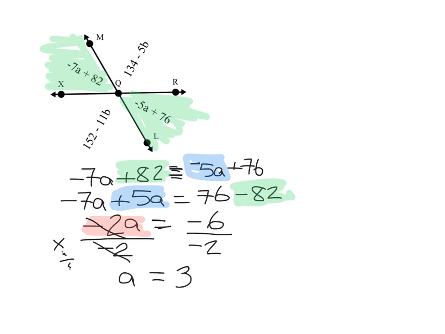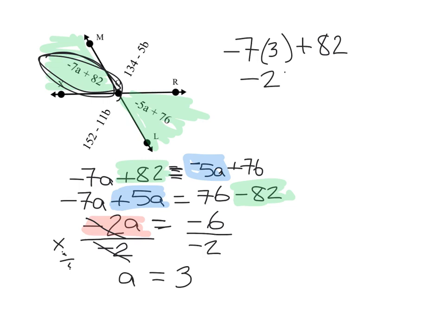And you should be able to substitute those values back in. So in this case you're not actually solving for the angle measure. What you are solving for is the value of the variable. Then you want to substitute a equals 3 in for your original expression, plus 82. So negative 7 times 3 is negative 21.